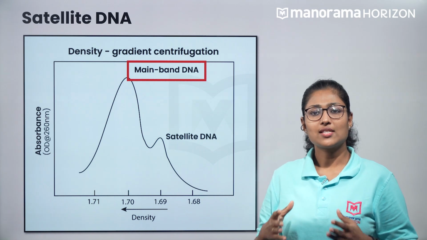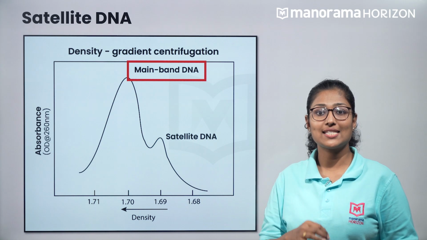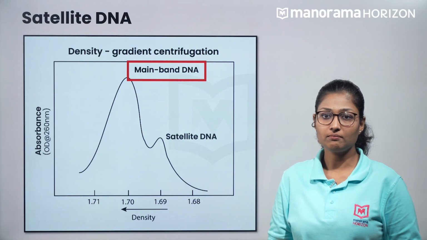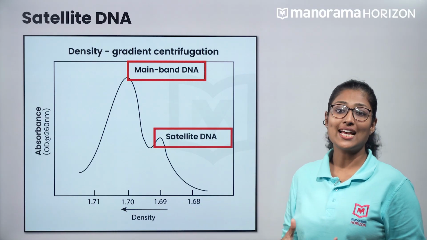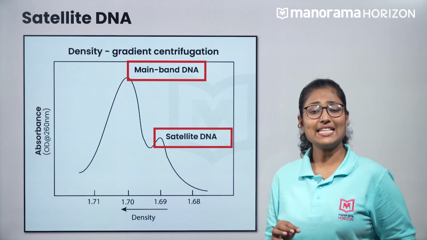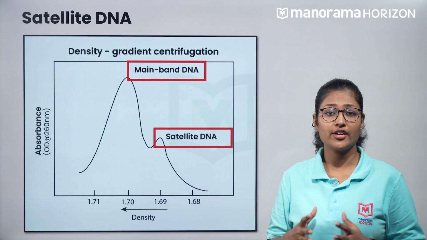However, some DNA sequences make additional bands or peaks as they differ from the main band's DNA in density. These DNA sequences are composed of satellite DNA. You might ask a question here. Why is the density of the main band and the satellite DNA different?